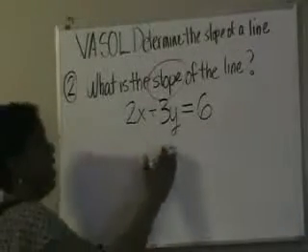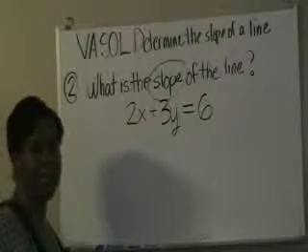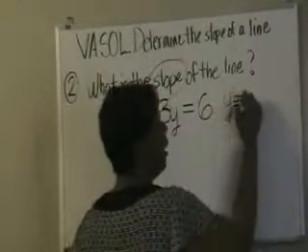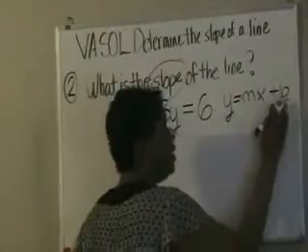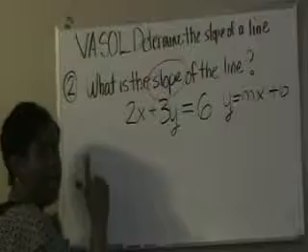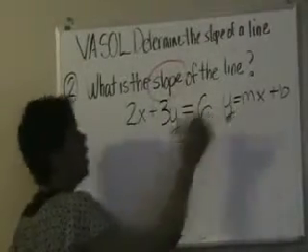Okay, so we're trying to find a slope. This is in standard form. We don't want it in standard form because we can't find the slope that way. We need it in y equals mx plus b, which is slope-intercept form. Okay? So the first thing we do, just like we did on the last question, is take this 2x and move it to the other side of the equal sign.